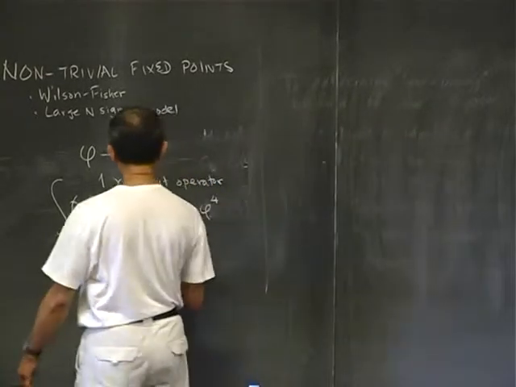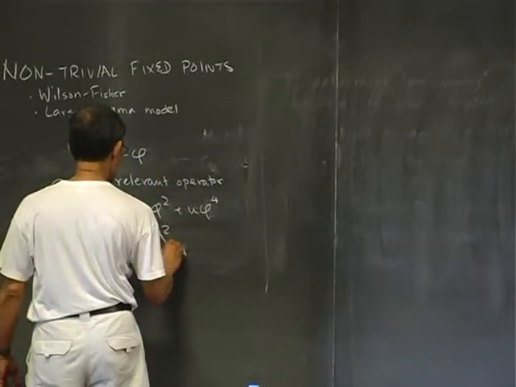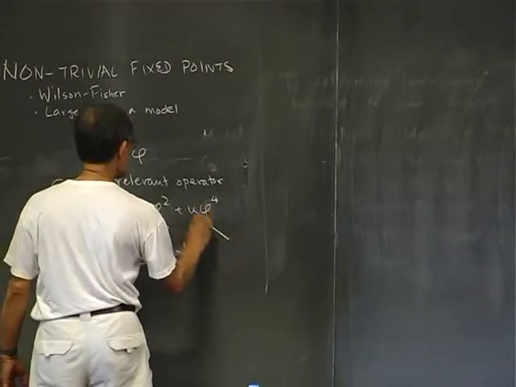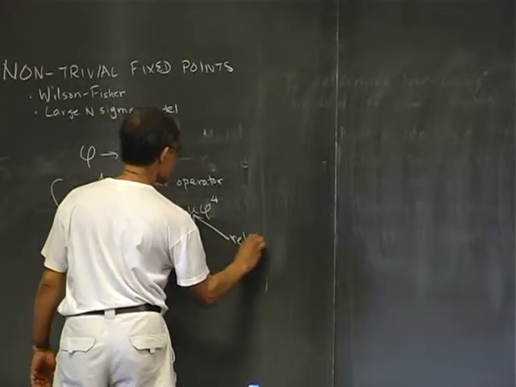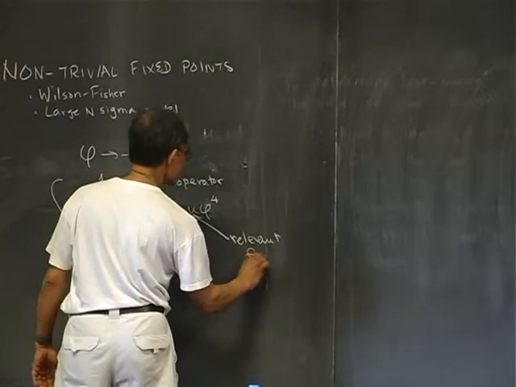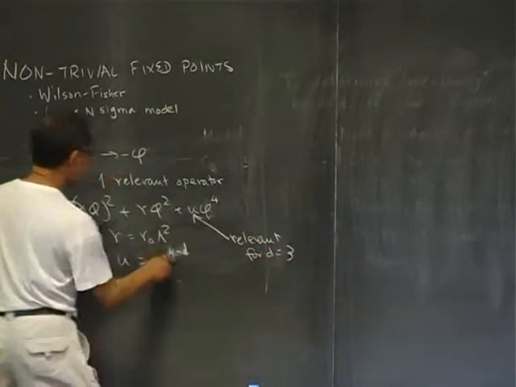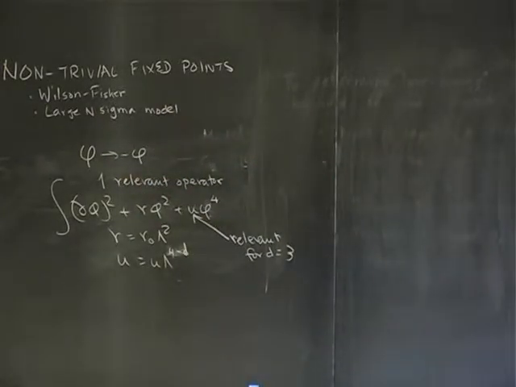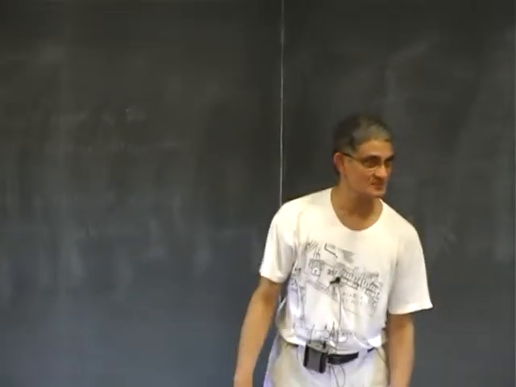Sorry, this operator happens to be relevant for d equal to 3 because the power of lambda is positive there. Whereas physics tells me it shouldn't be the case. In the simplest critical behavior, there should be just one relevant operator, which we usually take to be the temperature.